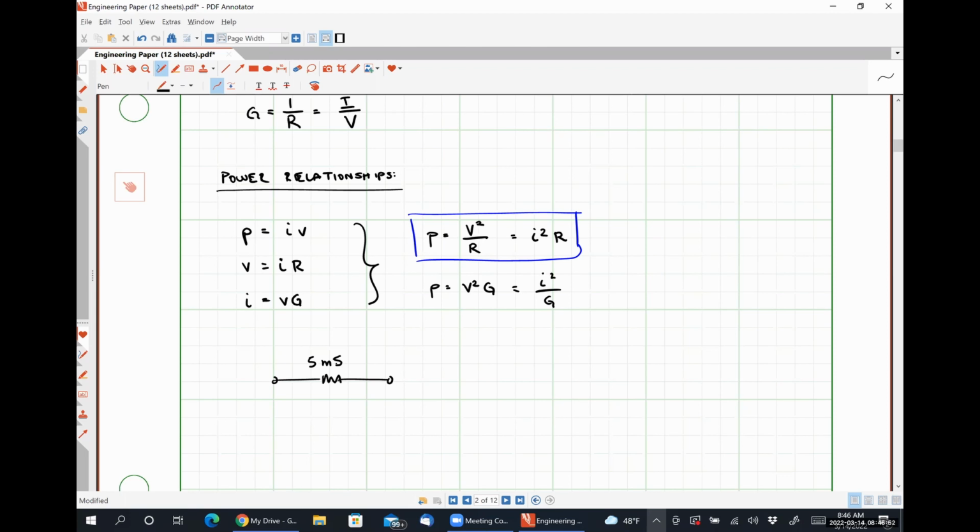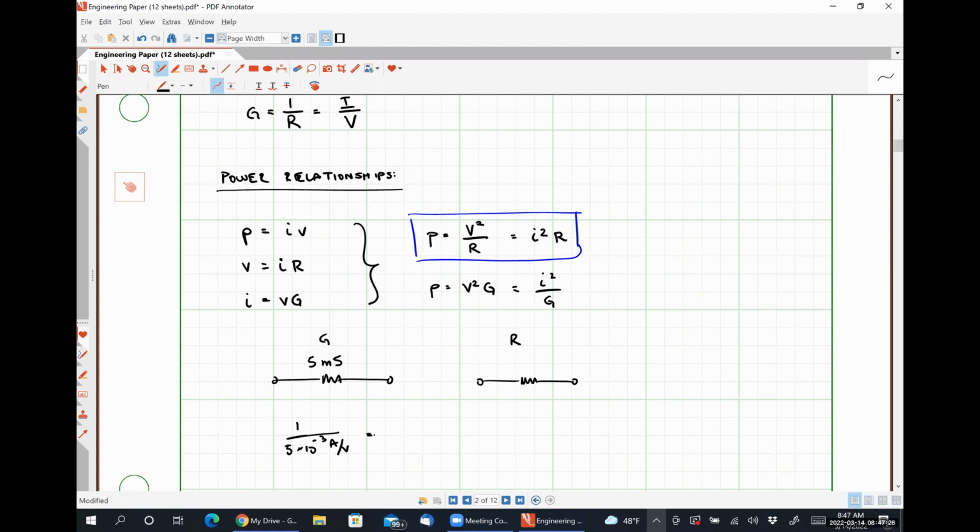So if this conductance G is 5 millisiemens, what is the resistor that obeys the same behavior? Well, 1 over 5 times 10 to the minus 3 amps per volt.